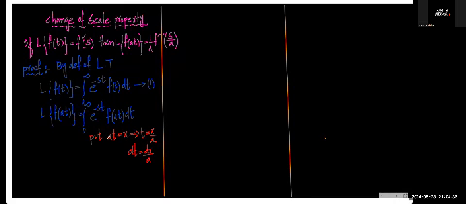If you put upper limit in place of t infinity, x will become infinity. It means there is no change in the limit. This one you have to mention: there is no change in the limit.